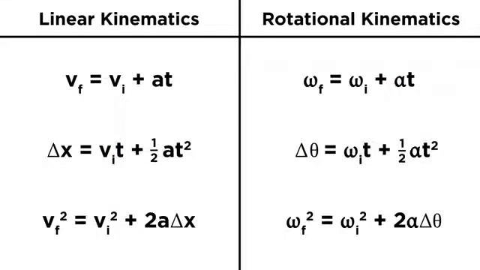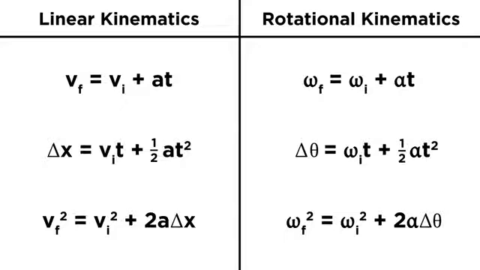Now that we have defined these terms, we can begin to understand that rotational kinematics will utilize equations that are direct analogs of those involved with linear kinematics. We just swap out linear components for angular ones.